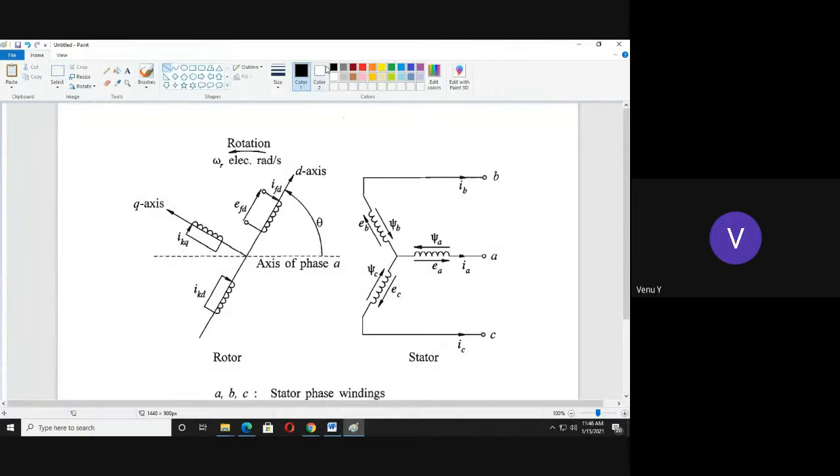So here you have taken phase A axis as a reference, and here is the direct axis.